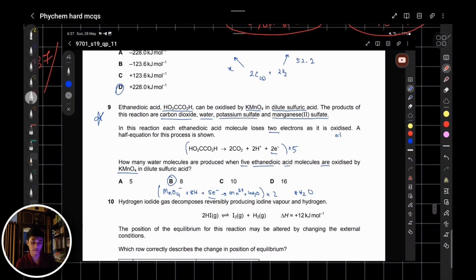Okay, question 37. Ethanedioic acid, HOOC-COOH, can be oxidized by potassium manganate in dilute sulfuric acid. The products of this reaction are carbon dioxide, water, potassium sulfate, and manganese sulfate.